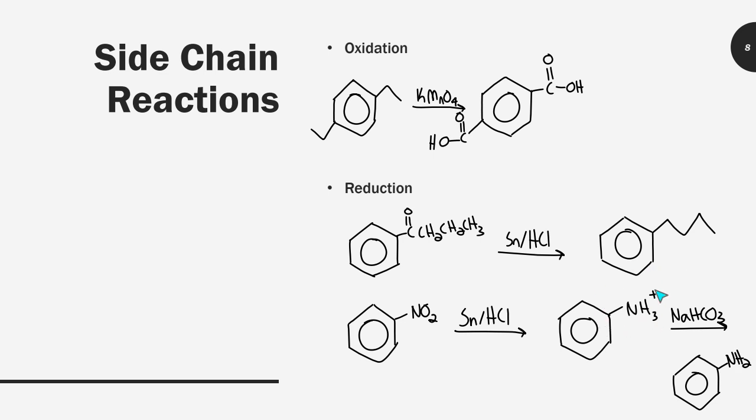But I want to neutralize that positive charge, so I want to get rid of one of those hydrogens, and I do that with a basic salt, okay? So then I end up with aniline. So point is, you can reduce a nitro group to aniline, and you'll need to remember that. Any questions there?